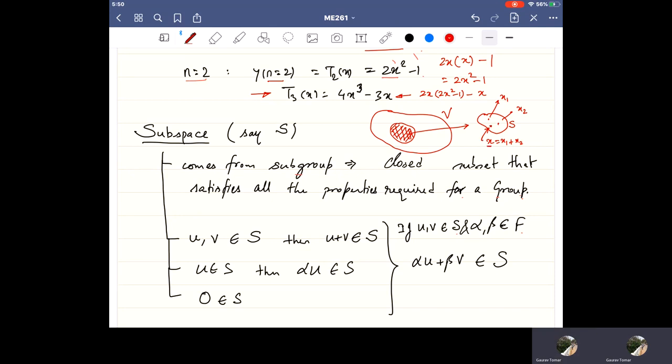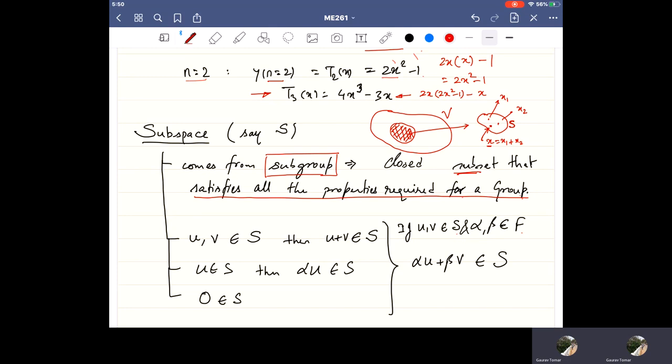So this is for all x1, x2 belonging to this smaller set S. So this is a closed subset, okay? And this closed subset also satisfies all the properties required for a group. So then we can call it a subgroup. Now the vector space, as you know, is an abelian group, right? So we have a subgroup of that with respect to vector addition.